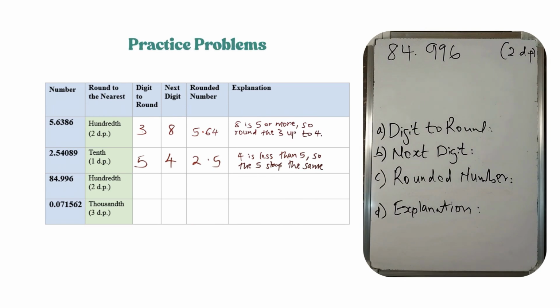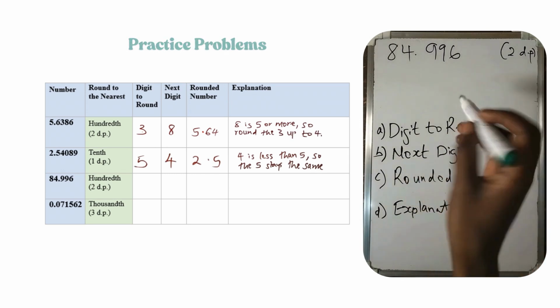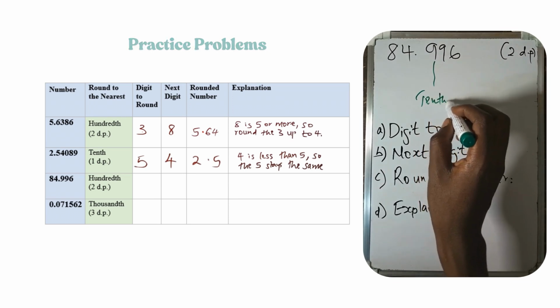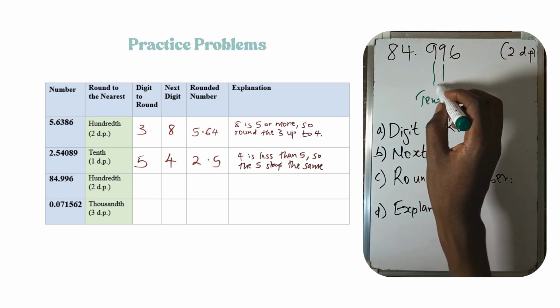So for the next one, you are asked to round off 84.996 to the nearest hundredth. That's the same as the nearest two decimal places. This is tenths, this is hundredths.